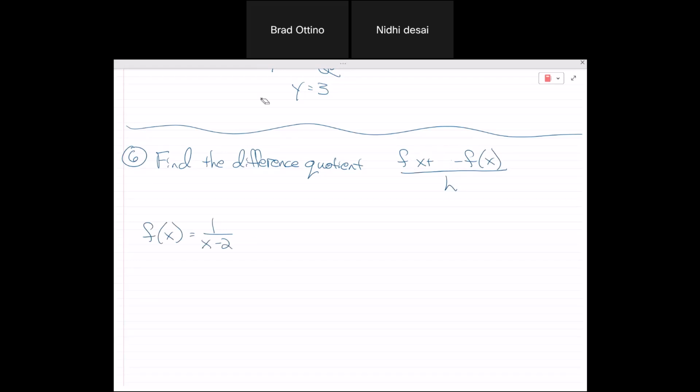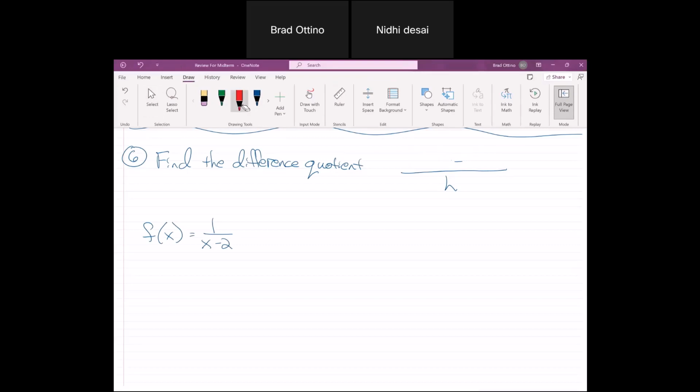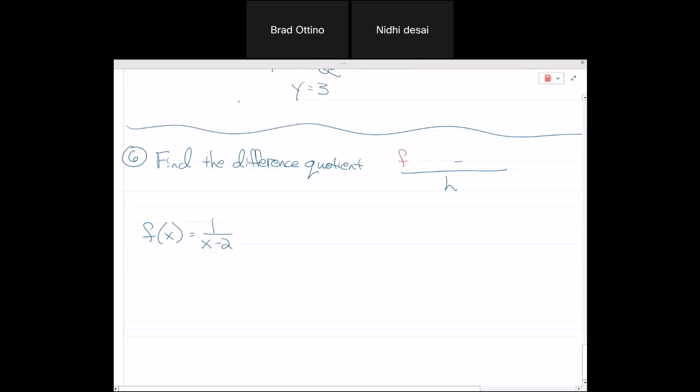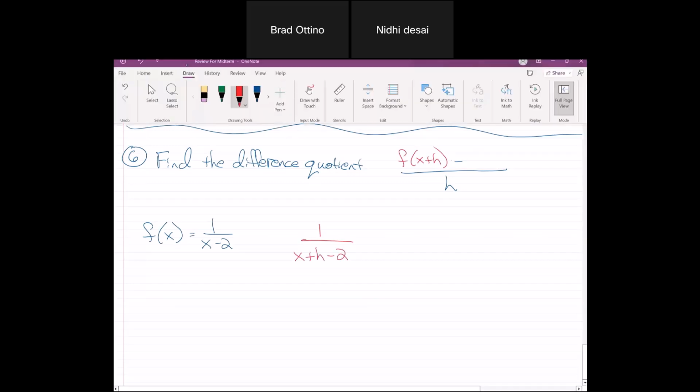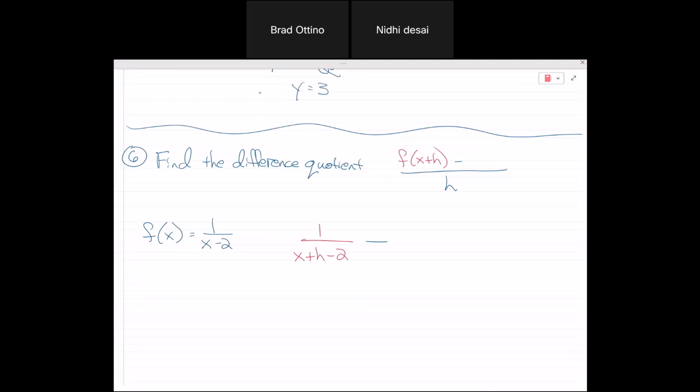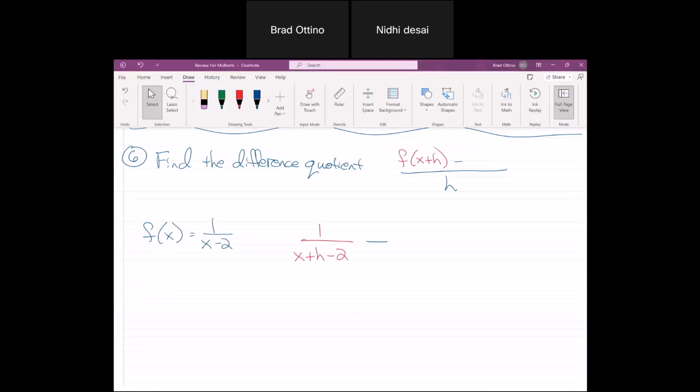And remember, the difference quotient came in 3 different parts. First thing we're going to do is plug in x plus h for all the x's. So I'm going to do 1 over x plus h minus 2, and then subtract f of x.